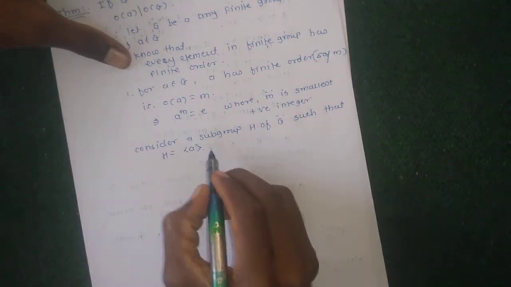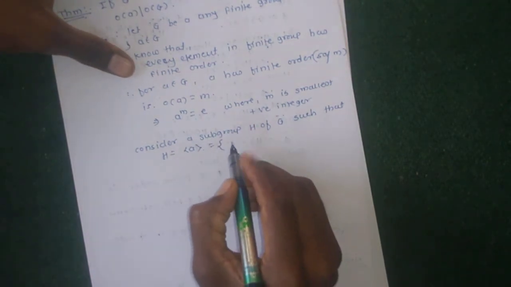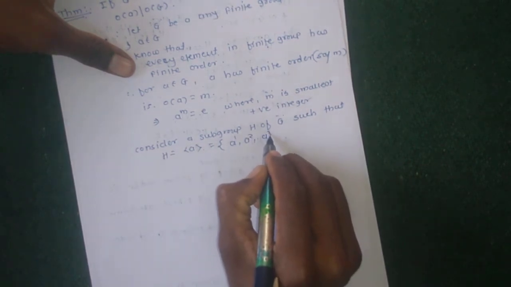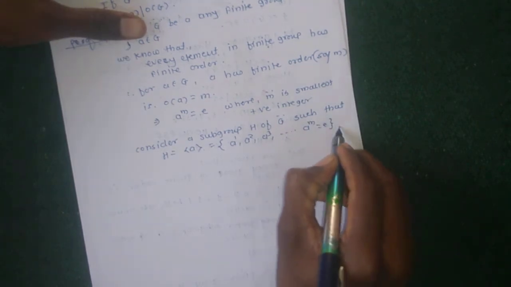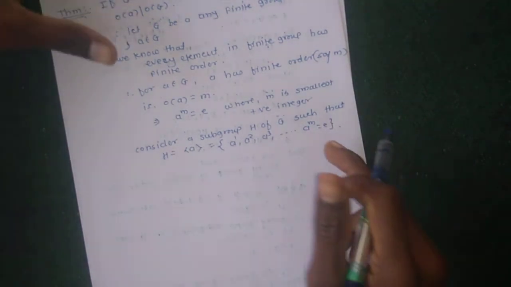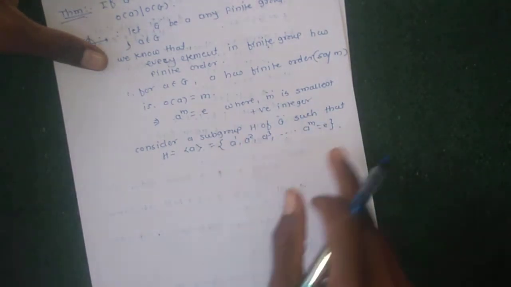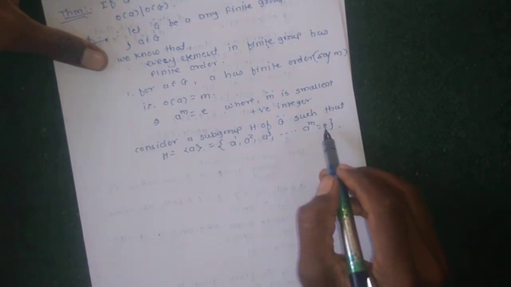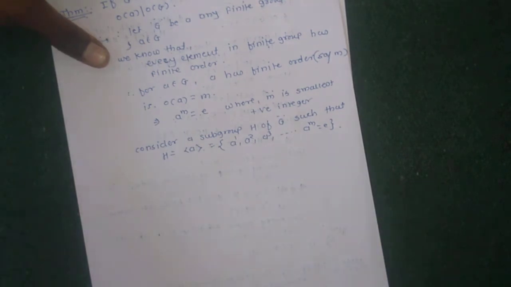Then the elements of H are of the form of powers of a, meaning a raised to 1, a square, a cube, and so on up to a raised to m. a raised to m equals identity, then a raised to m plus 1 is again a raised to 1. So for powers greater than m, these elements are repeated. So H contains elements that are powers of a.